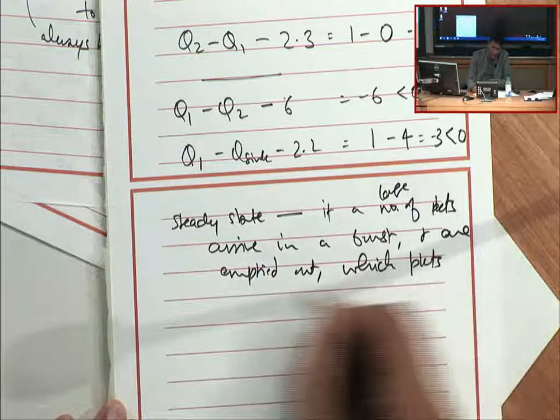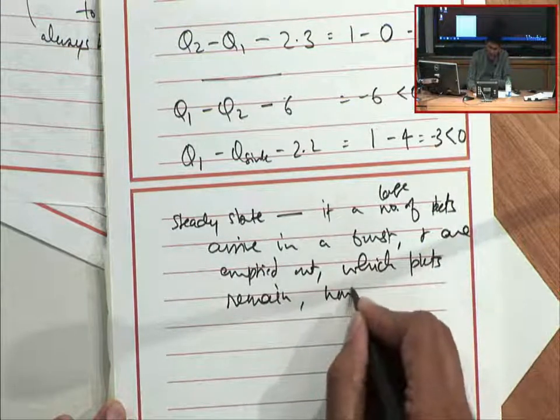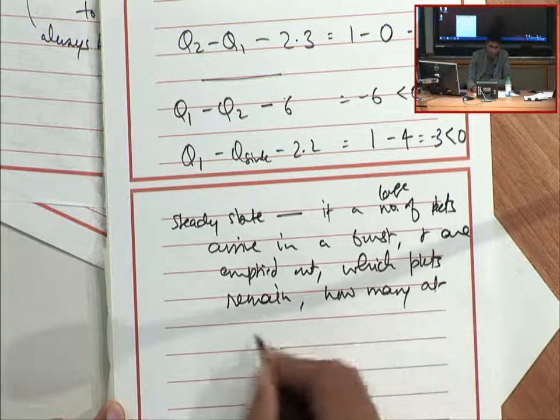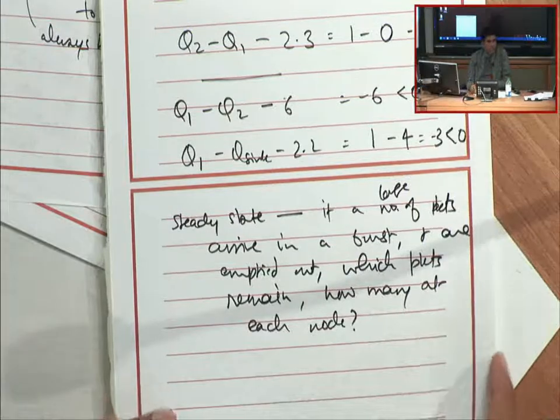Or really, how many at each node? Okay, that's the question that we're asking when we talk about the steady state.